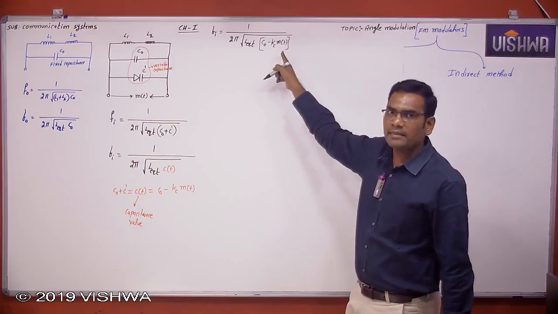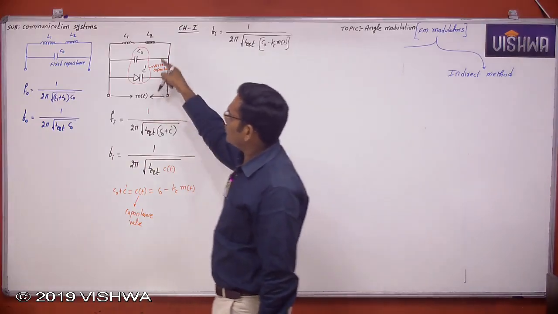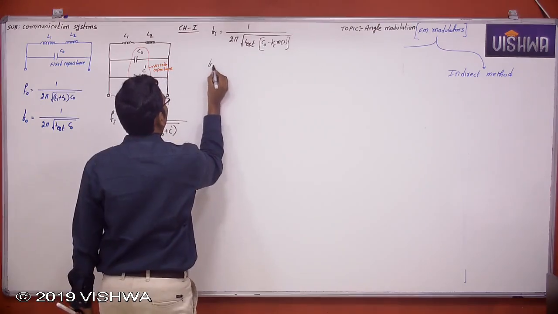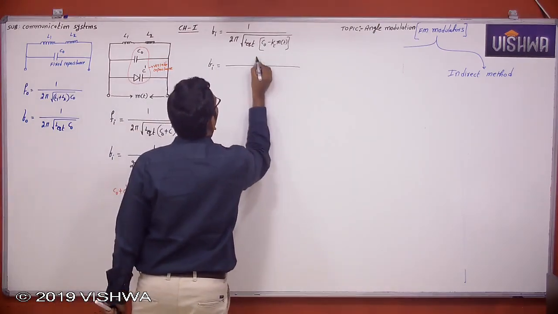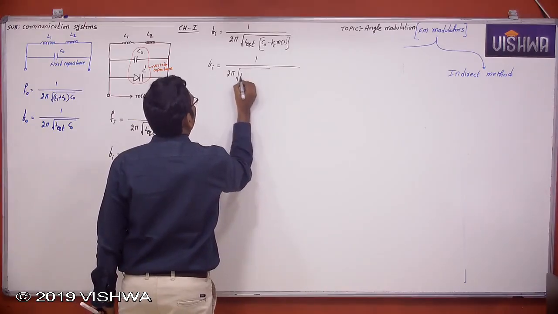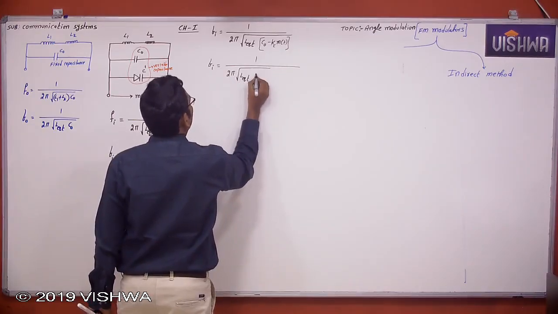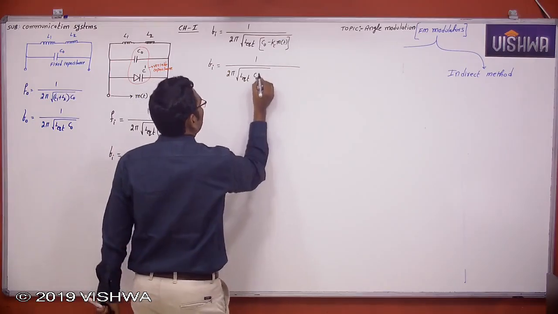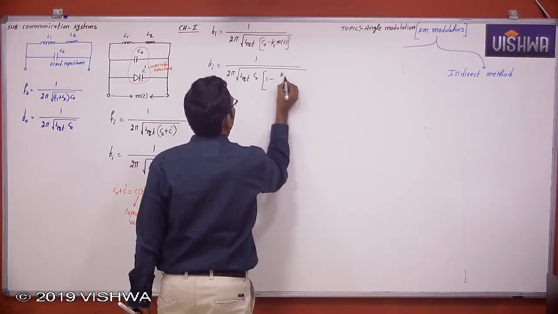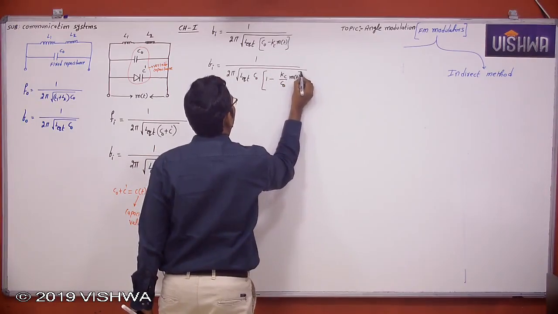When this capacitance value changes, then this frequency also changes. Okay, so therefore Fi is equal to 1 divided by 2 pi root L equivalent into C naught, if you take C naught as common, which means 1 minus Kc by C naught into m of t.